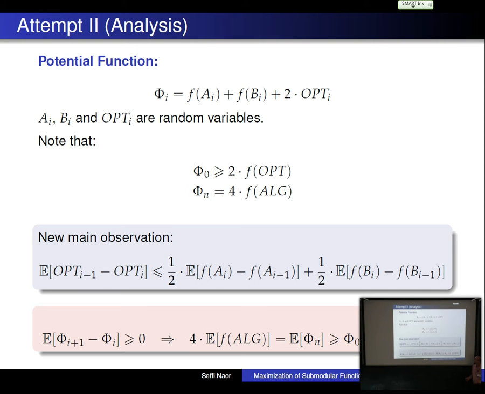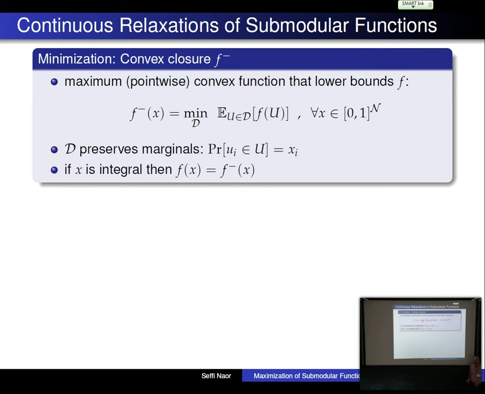In a minute, I'll tell you a bit more about this algorithm. But first, I want to talk about relaxations of submodular functions. When we do approximation algorithms for linear objective functions, the strong tool that we have is a linear relaxation of the problem.